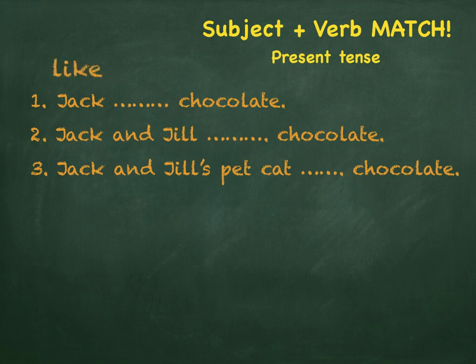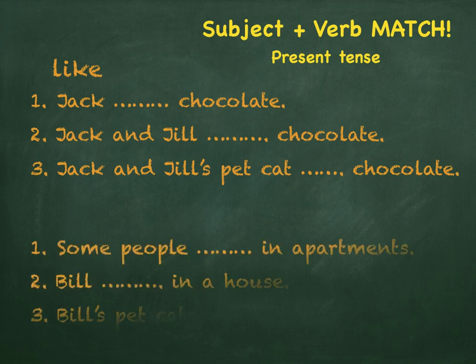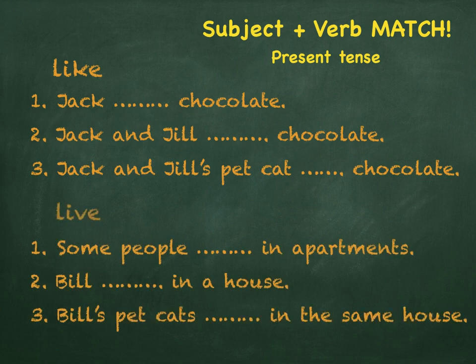Okay, here are some sentences. You need to simply complete them with the correct form of the verb to like. Everything is in the simple present tense. Pause if you need. Next, the same exercise using the verb to live.